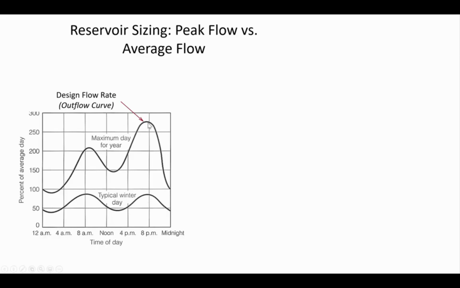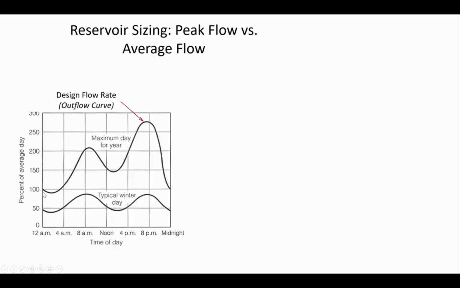But for each case, we're saying, let's tie that peak demand to this point on the curve, and you'll notice this is a linear scale, and so if we're saying this is 400 liters per second, and that corresponds to 275% of the average day, then we can find out how much water demand there is at midnight.